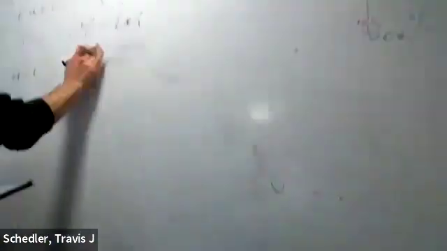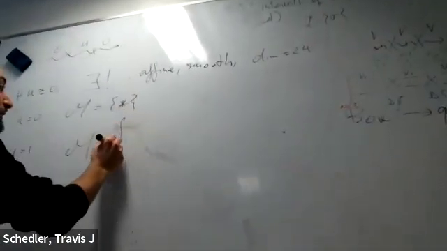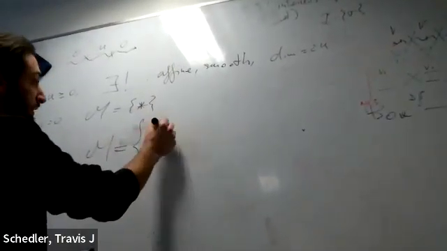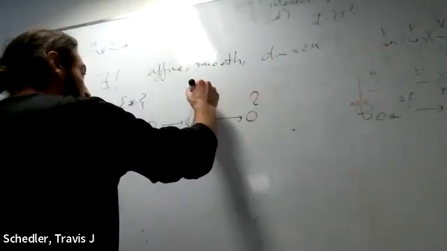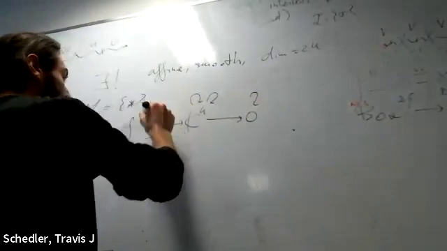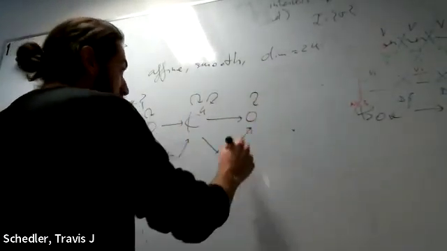What are our base maps? We are going to take n equals 0 and C^n, and we have such a picture.